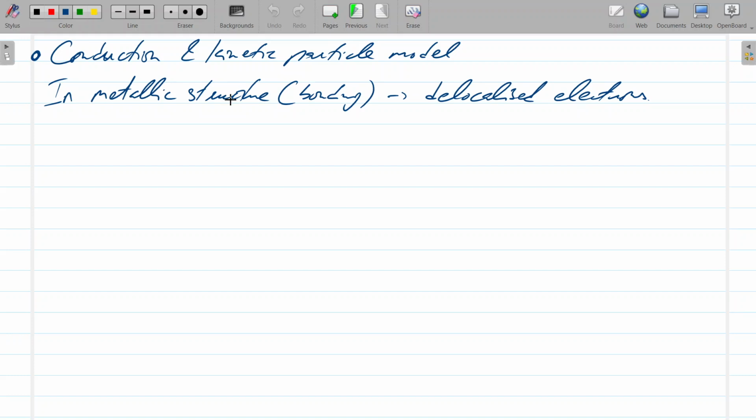In case of metals, they have delocalized electrons that are flowing through the entire metal structure. And there's not just one, there are a number of delocalized electrons going through the entire structure. So when you heat one end of the metal, the electrons start moving faster because they're particles as well.